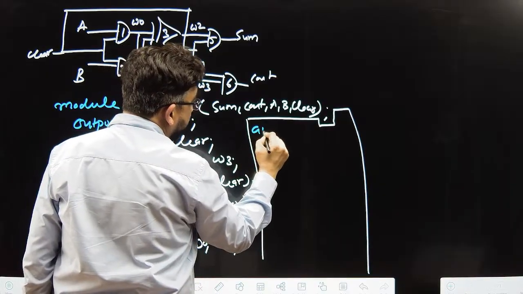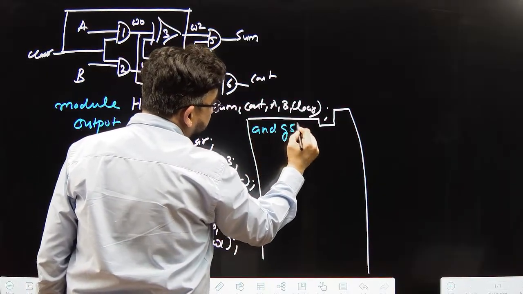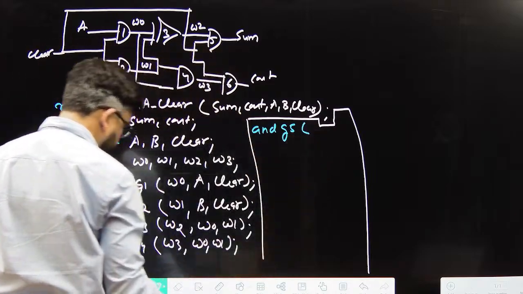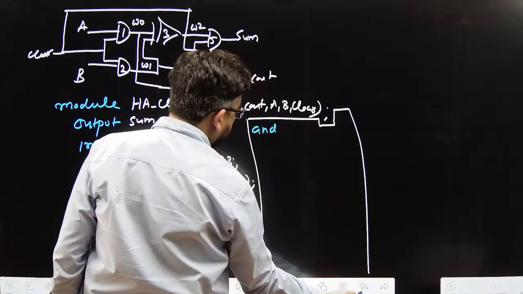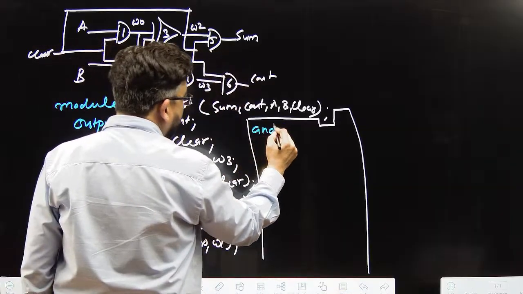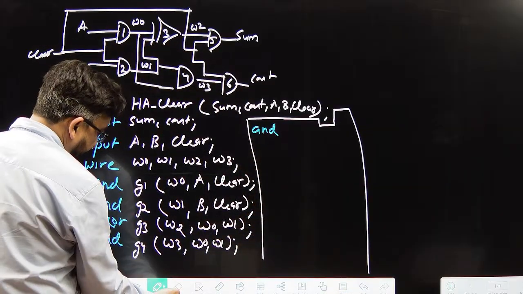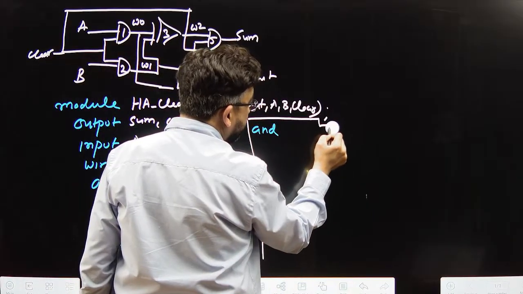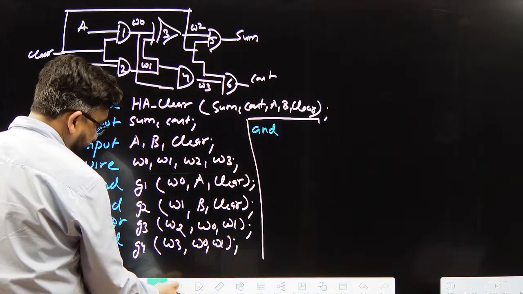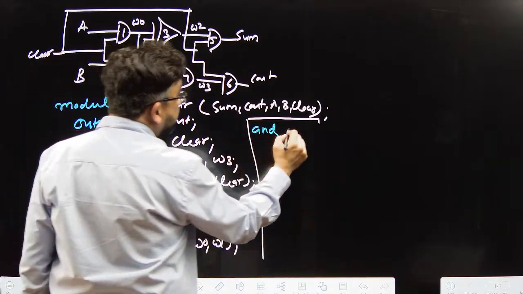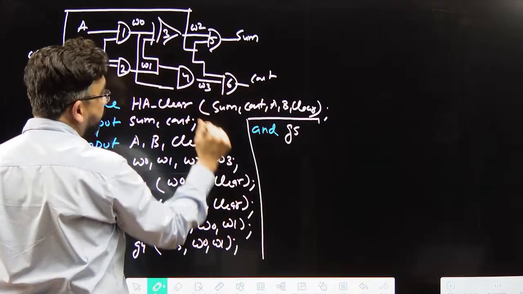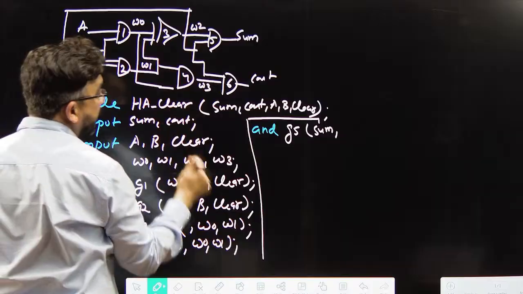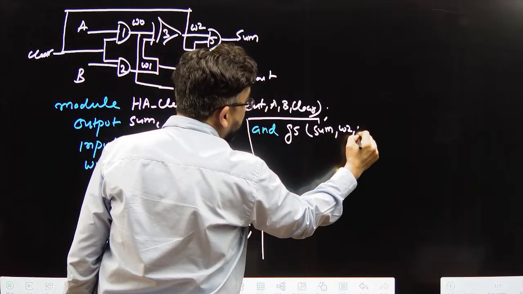AND G5. Output is sum, input is W2 and clear.